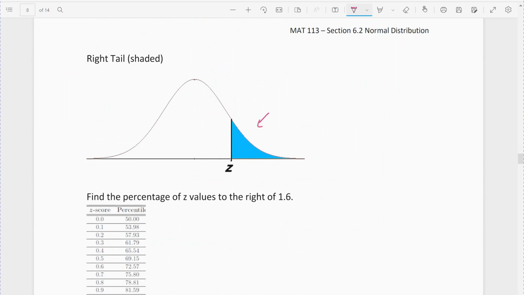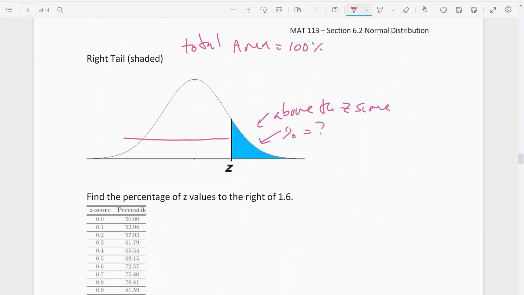So this would be above the z-score. Well, we want to find this percent. It's a little harder, but not a lot harder, because I know the total area is 100%. The percent below is the table percent.